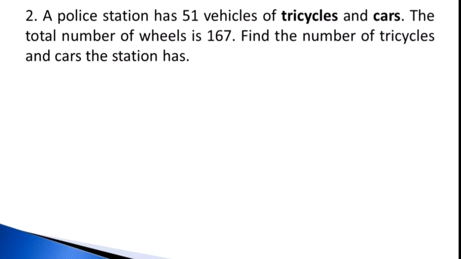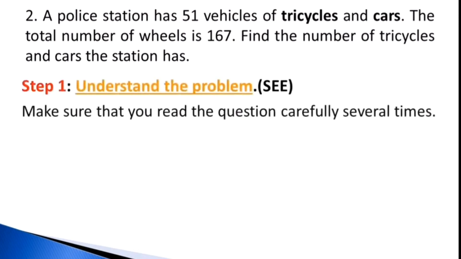Let's read together. A police station has 51 vehicles of tricycles and cars. The total number of wheels is 167. Find the number of tricycles and cars the station has. Again, the first step is understand the problem, or see. By reading it again and again, you are probably able to have a possible solution and really understand the given problem.